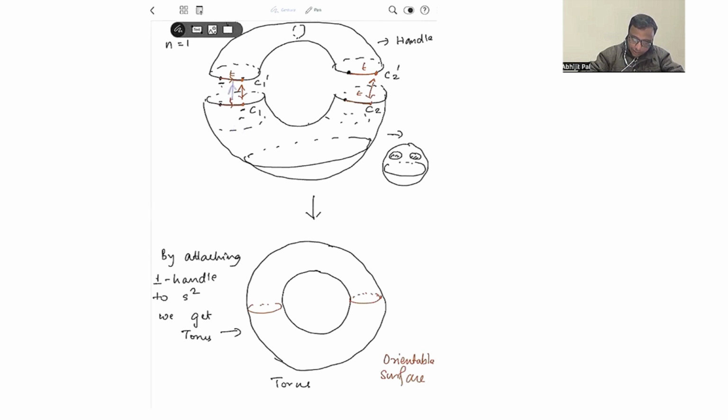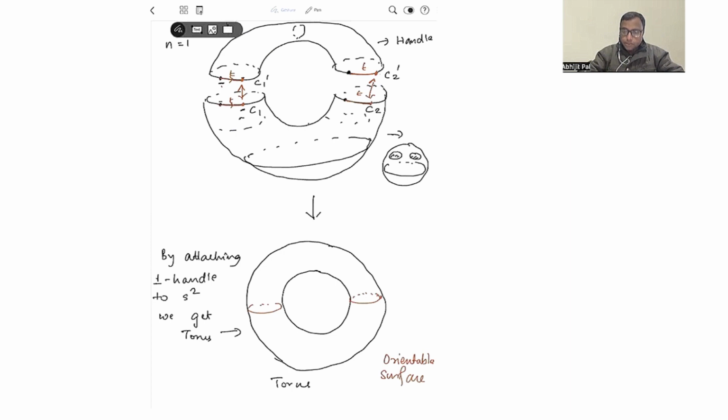Also, C2 and C2 prime are the other boundary components, and they are homeomorphic to circles.